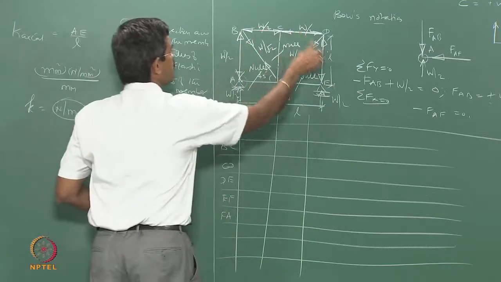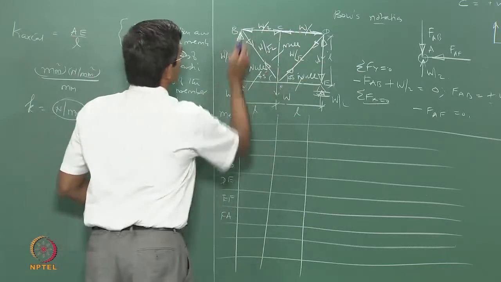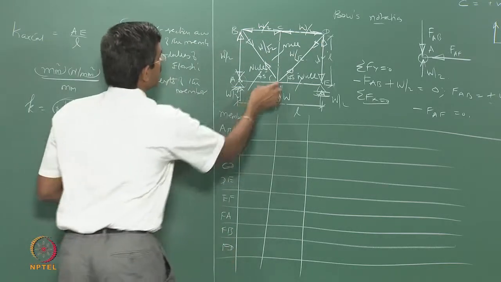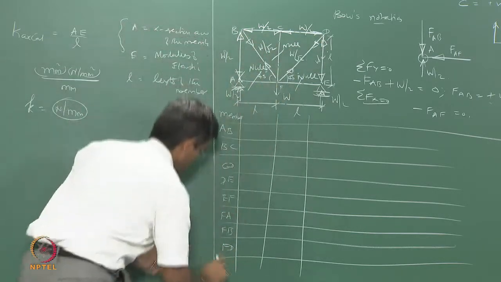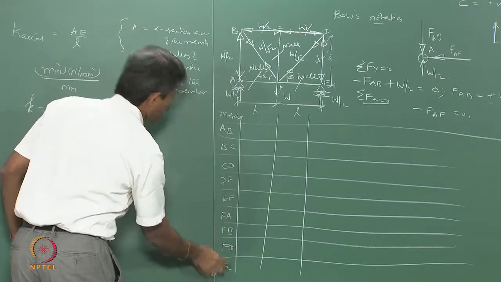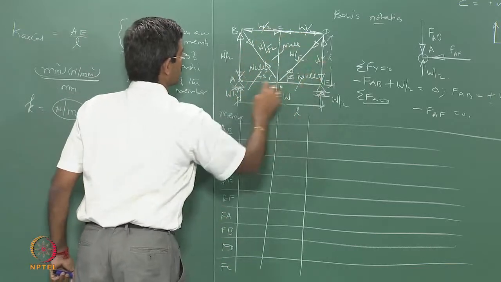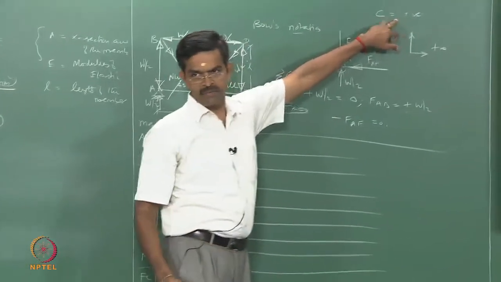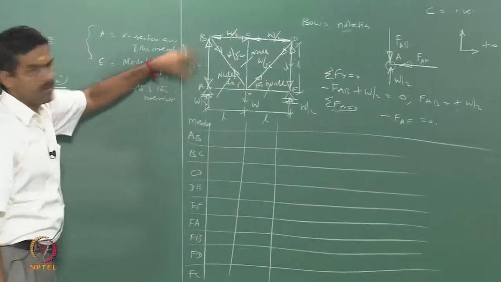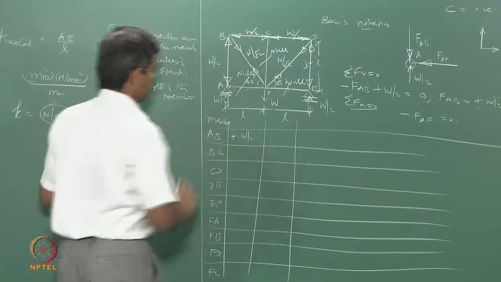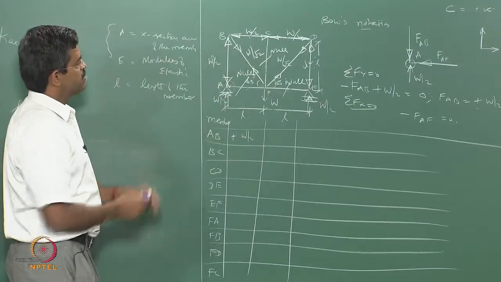So, 1, 2, 3, 4, 5, 6 members, then FB and FD and FC. So, 1, 2, 3, 4, 5, 6, 7, 8, 9, there are 9 members. So, compression is positive, tension is negative. Let us look at AB, compression, positive W by 2. Similarly, BC, just fill up this.